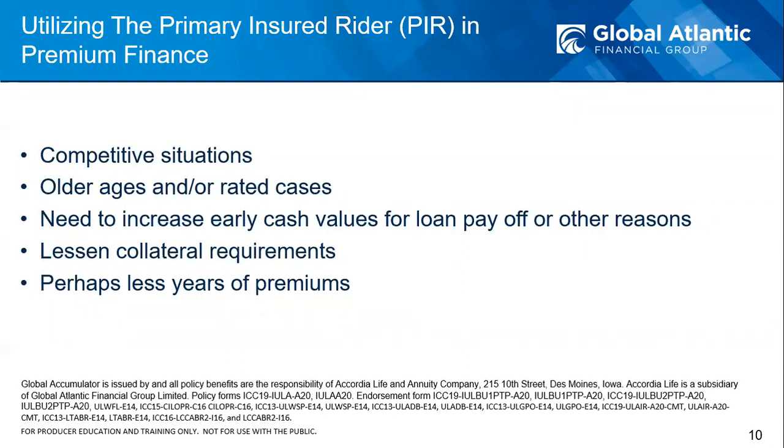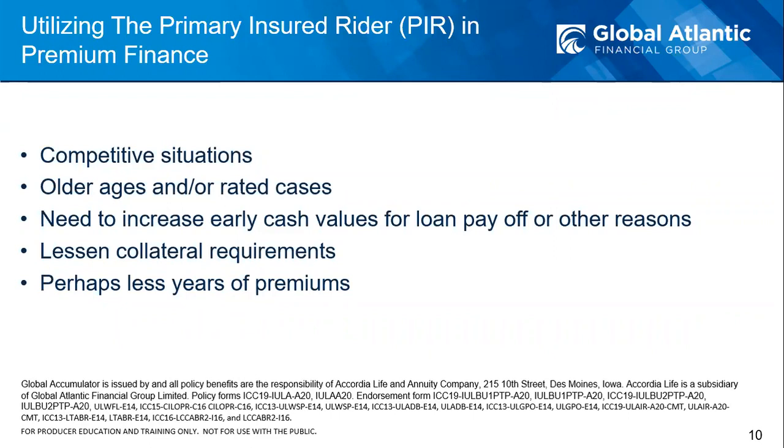Thanks, Keaton. Great presentation, some good points. We have placed a few Foundation Elite cases for premium finance. It's actually very competitive in the marketplace when you're looking at a probably 65 to 75-year-old that you want to look at premium finance.